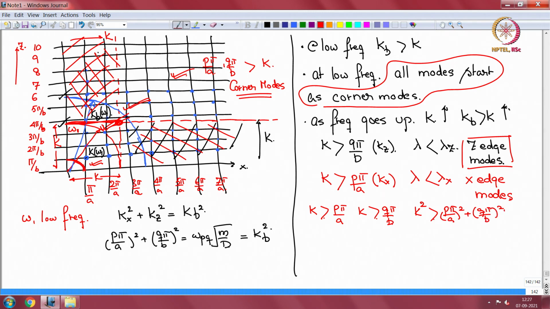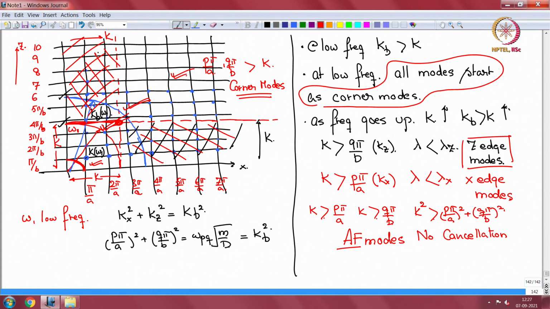That's what the circle implies, right? So these are acoustically fast modes. There is no cancellation.